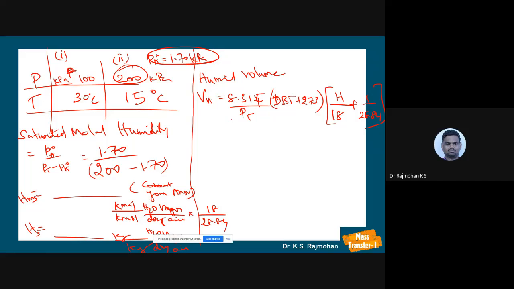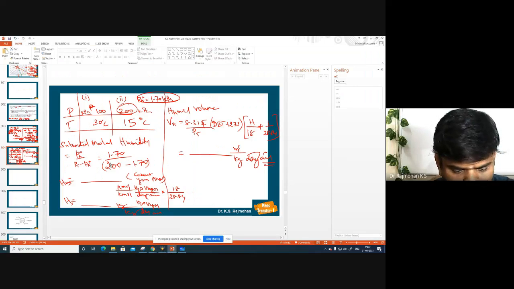We can substitute them here to get the humid volume value. You will get humid volume in terms of meter cube per kg dry air.